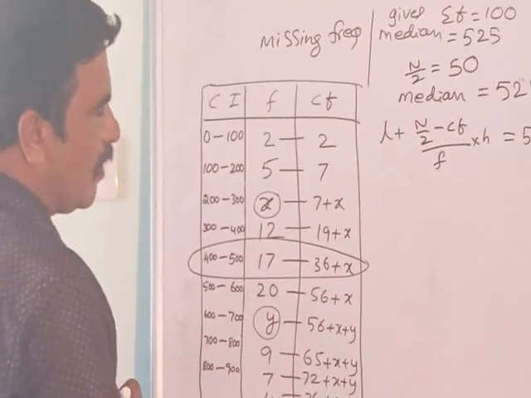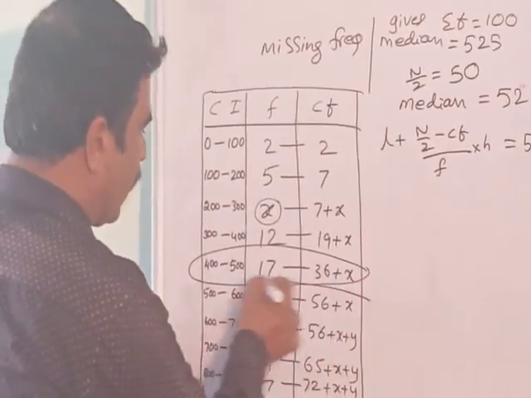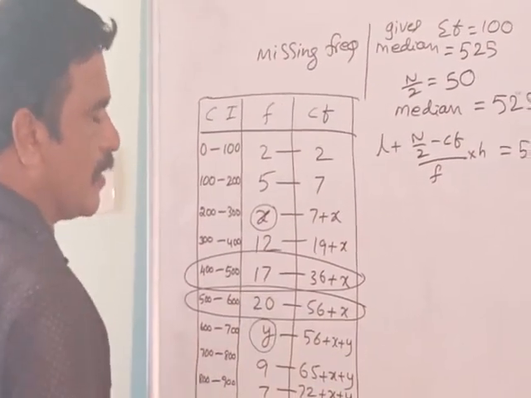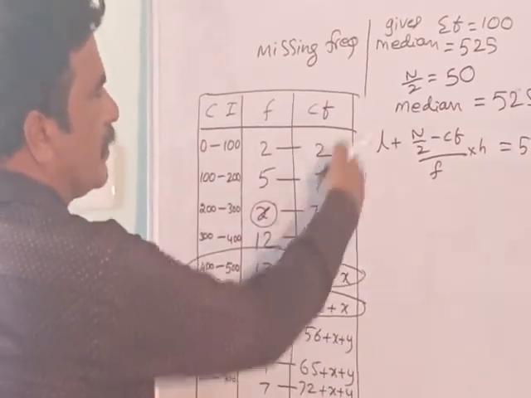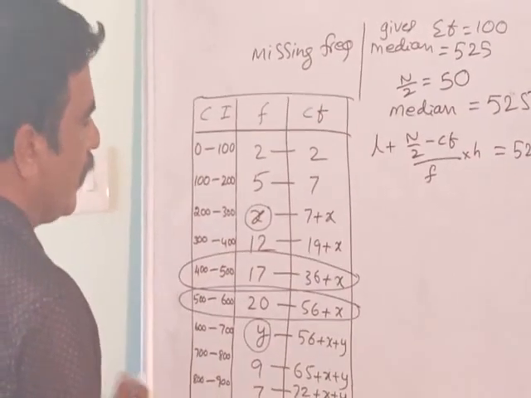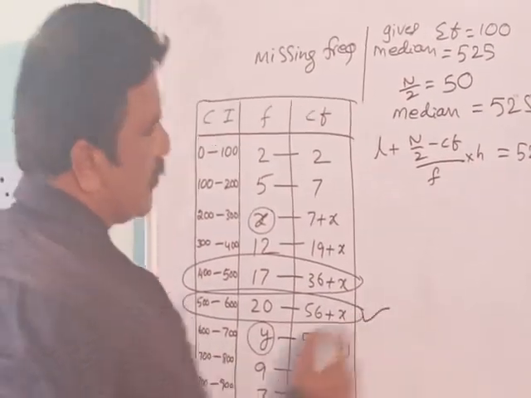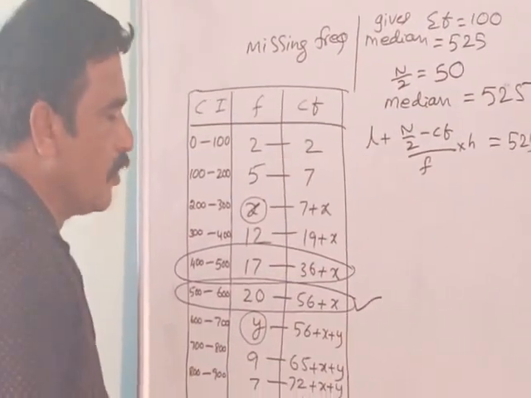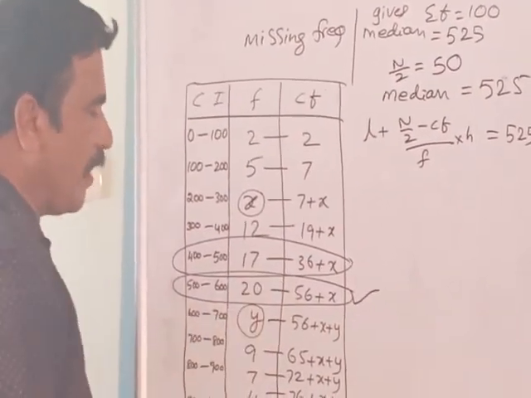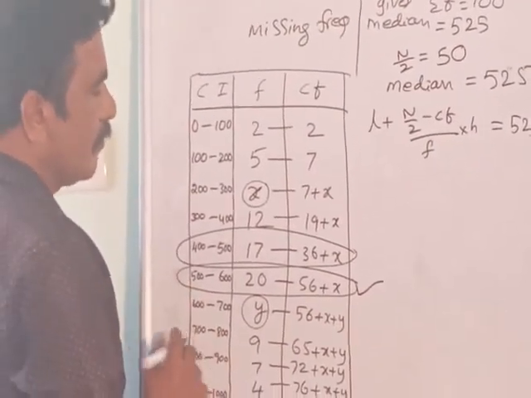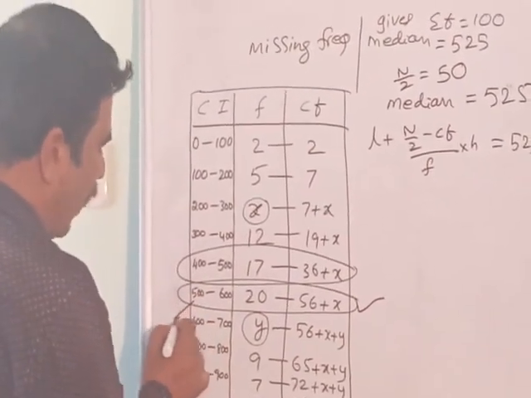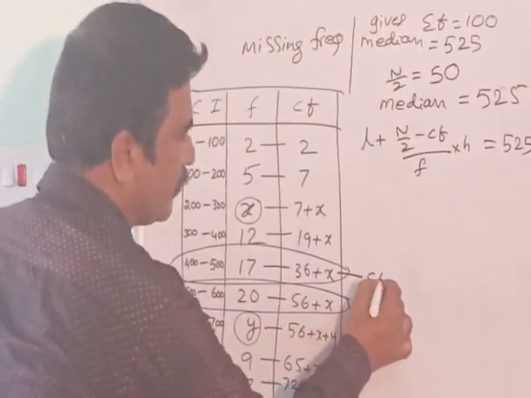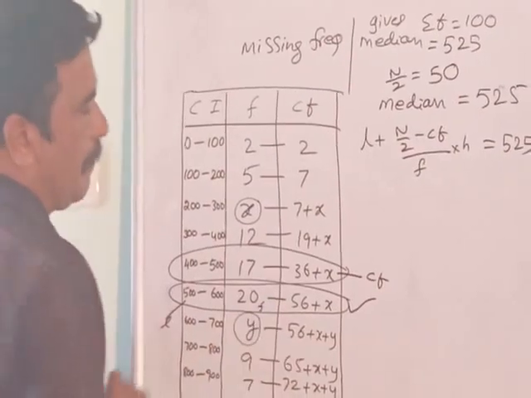36 plus x, or this also you can take, your wish. Because 56 plus x is also close to 50, 36 plus x is also close to 50. Therefore the best choice is this. Even if you take the other, you will get the right answer. We can choose anyone. I am choosing this. Therefore L is now 500, Cf is taken from this, and f is this only.